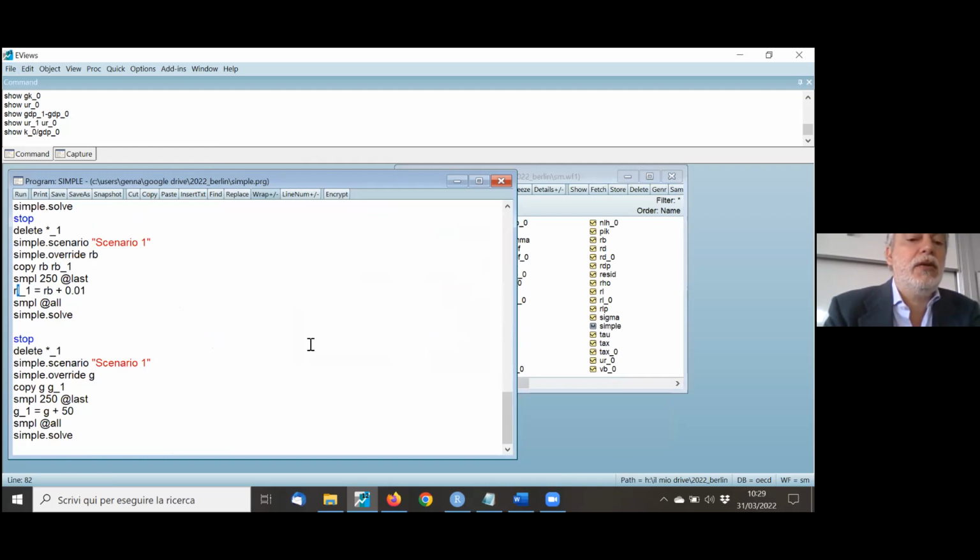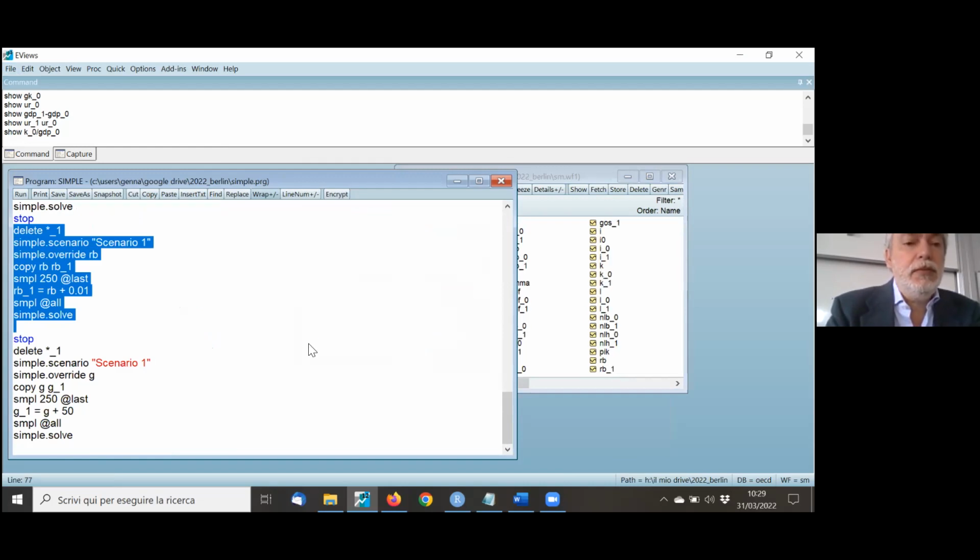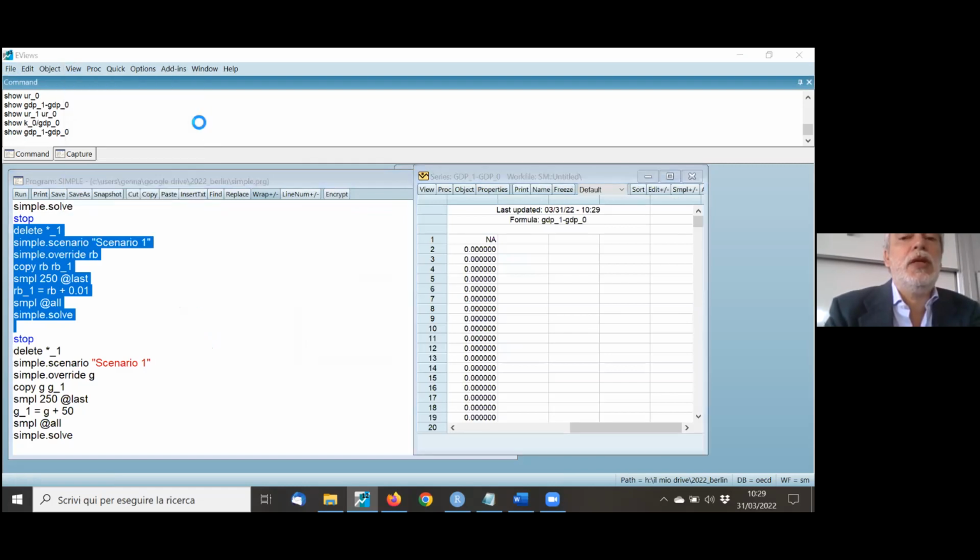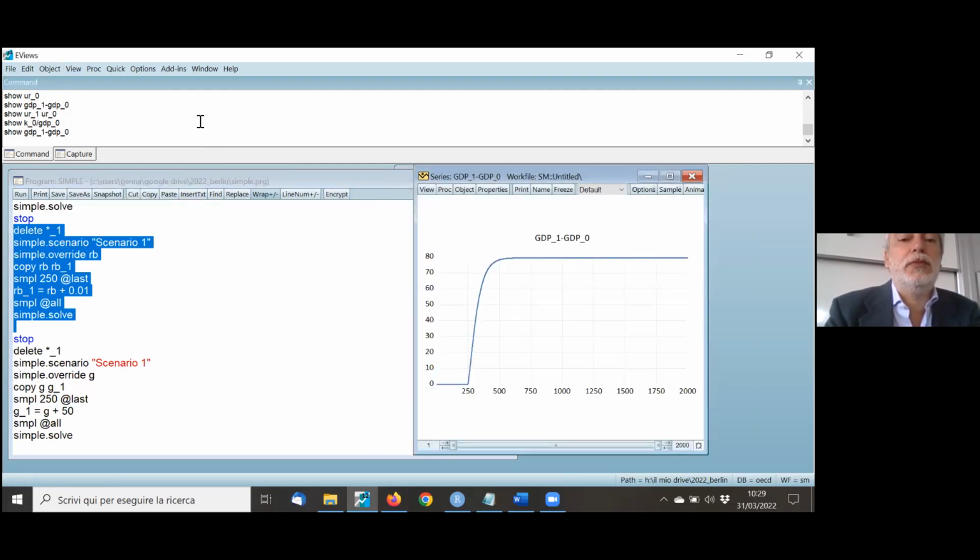And now this will have an effect on investment, given that we have included this in the investment equation. Why is GDP increasing this much?